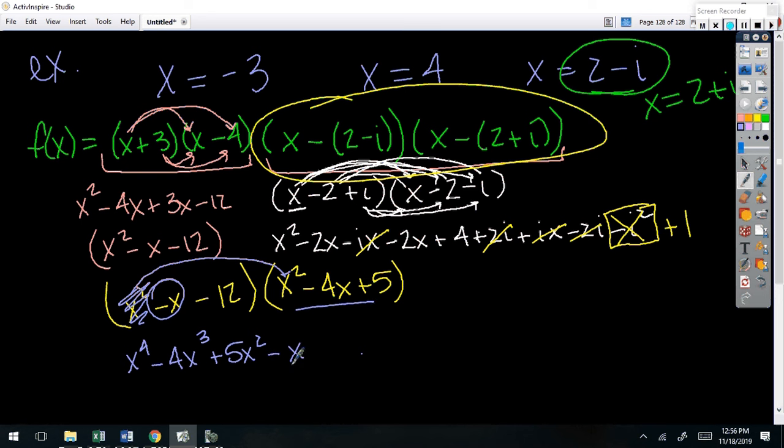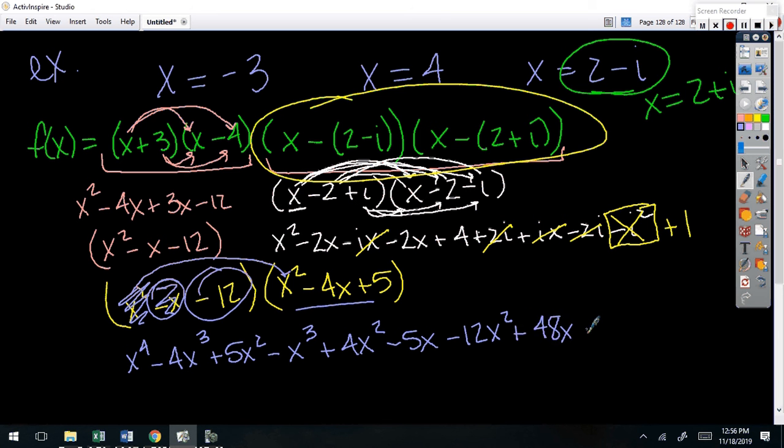Negative x cubed plus 4x squared because I got a negative times a negative, minus 5x. I'm done with that term, so I scratch that one out. Now the next one, minus 12x squared plus 48x minus 60.